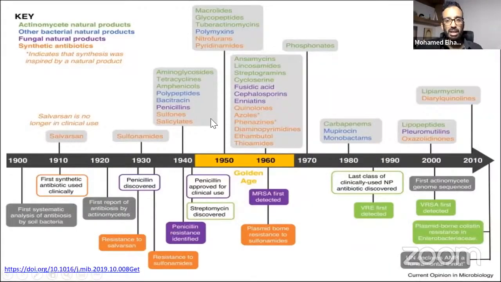So here, if we also want to see the timeline of this disaster, as I mentioned, in 1928 with the discovery of penicillin, and maybe 25 years later, 1950 to 1960, was a golden age of discovery of most antibiotics, as people were saying, okay, we finally found a cure for all microbial infections.